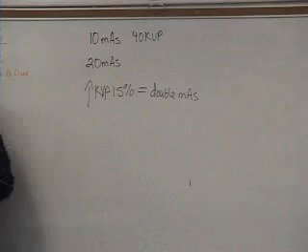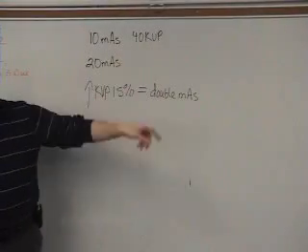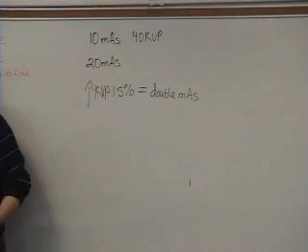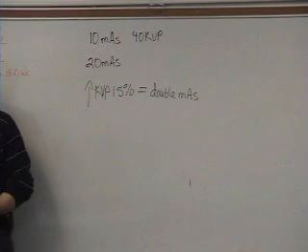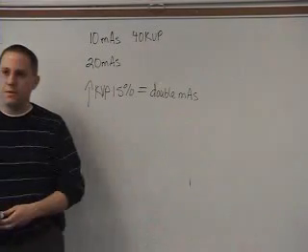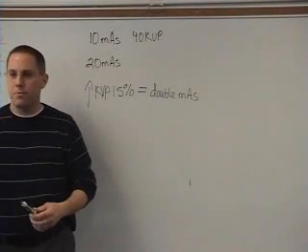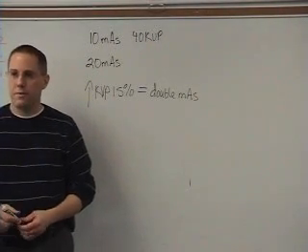In other words, increasing this KVP by 15% is the same as giving them twice the amount of radiation. Okay, you're not really going to give them that much radiation, but it will affect the X-ray the same way. In other words, you'll get the X-ray to be darker if you need it to be.